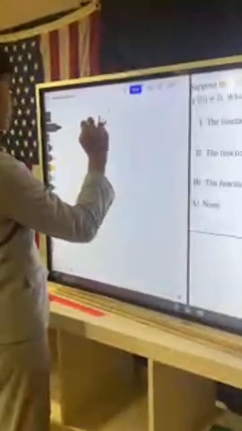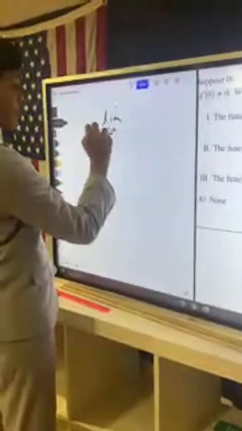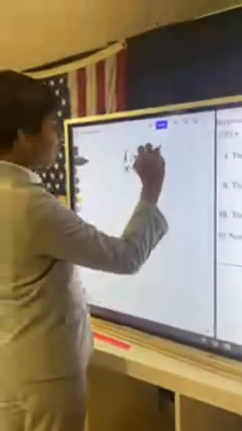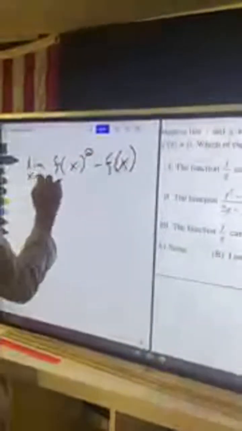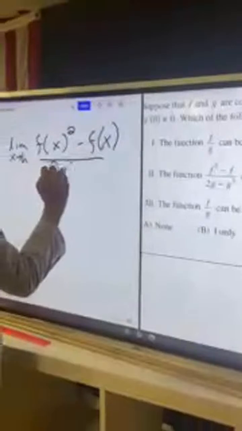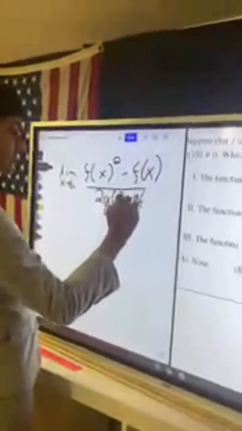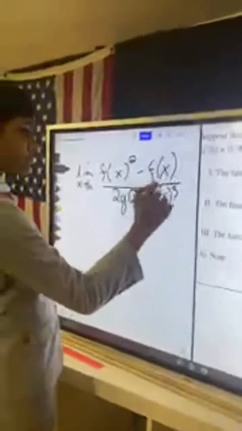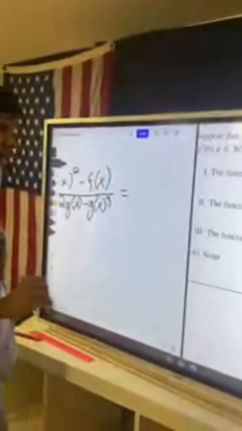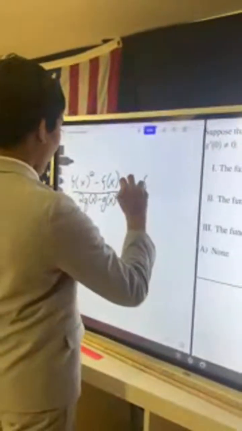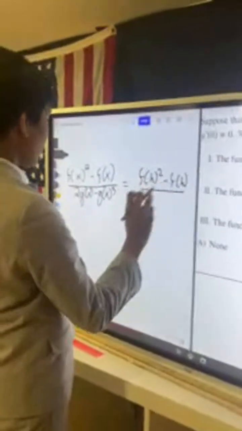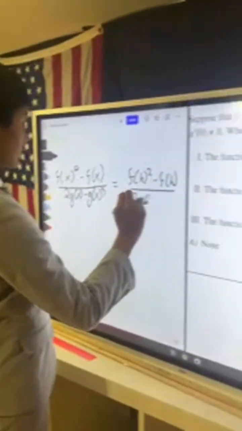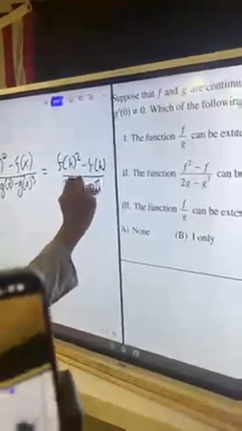We're trying to prove that the limit as x approaches h of f of x squared minus f of x over 2g of x minus g of x cubed is equal to f of h squared minus f of h divided by 2g of h minus g of h cubed.